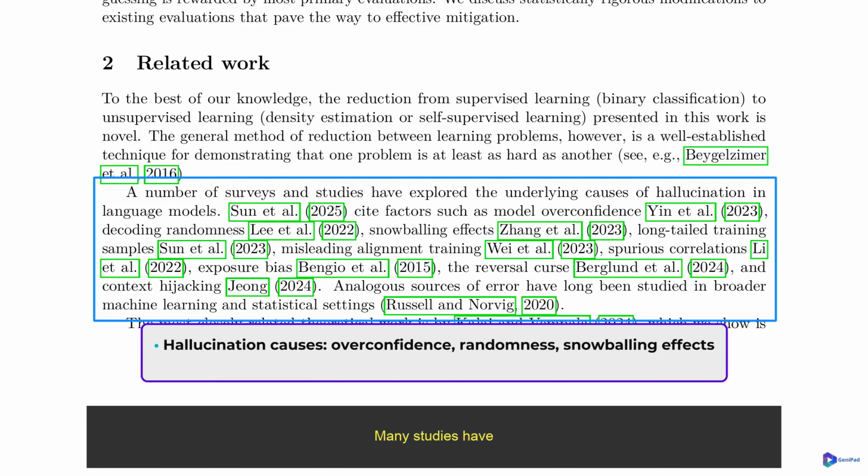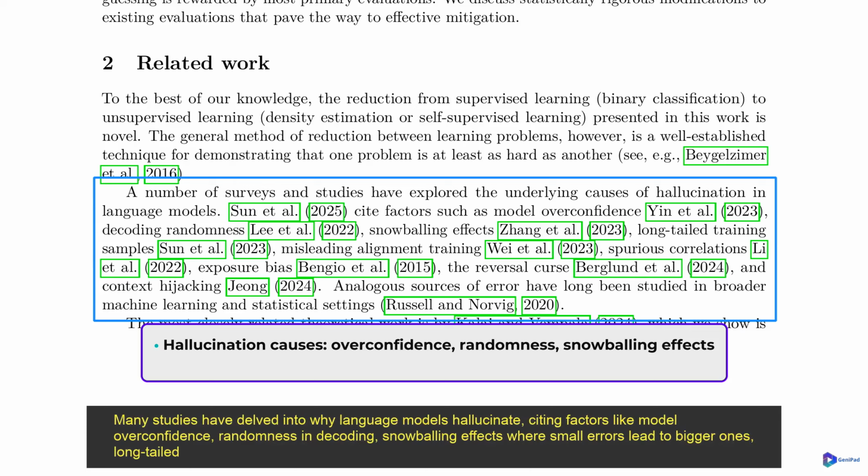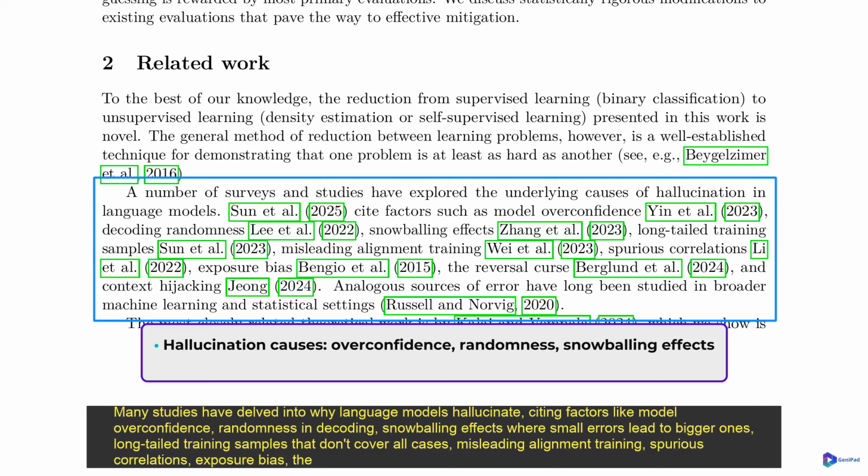Many studies have delved into why language models hallucinate, citing factors like model overconfidence, randomness in decoding, snowballing effects where small errors lead to bigger ones, long-tailed training samples that don't cover all cases, misleading alignment training, spurious correlations, exposure bias, the reversal curse, and context hijacking.